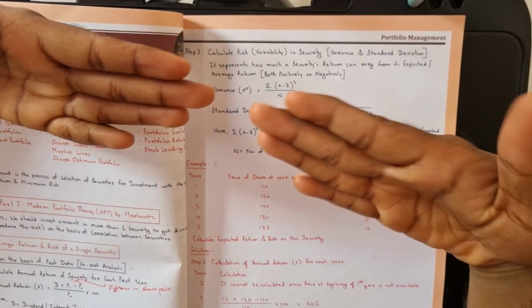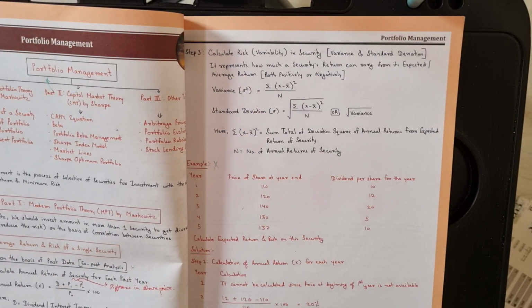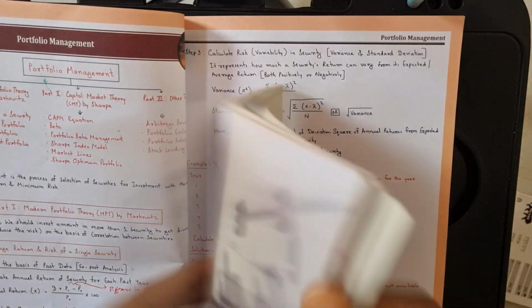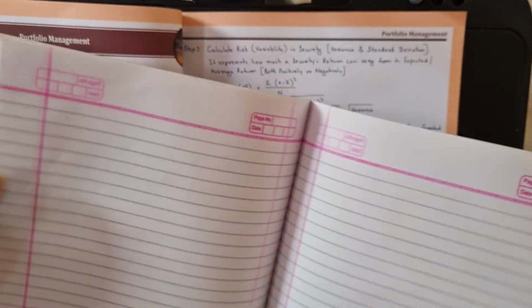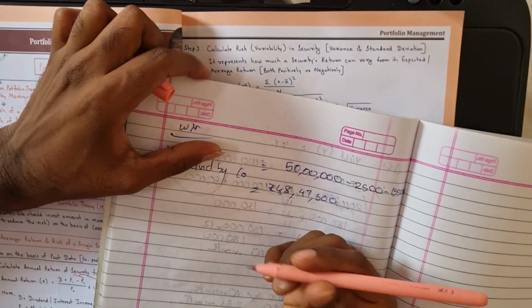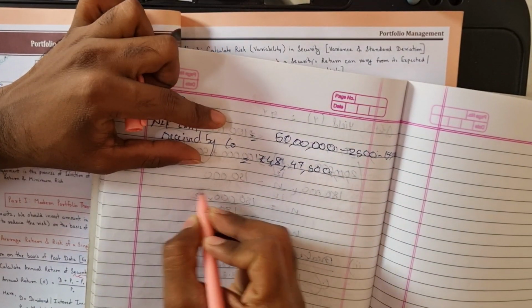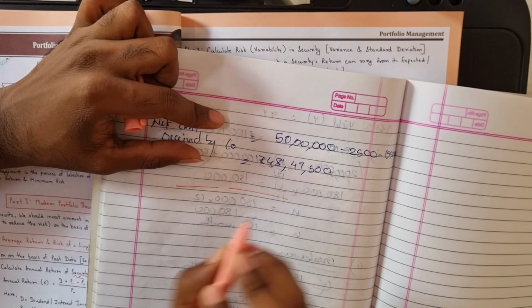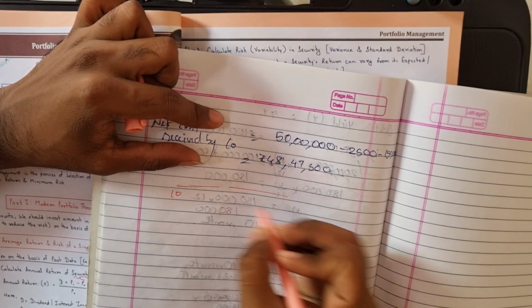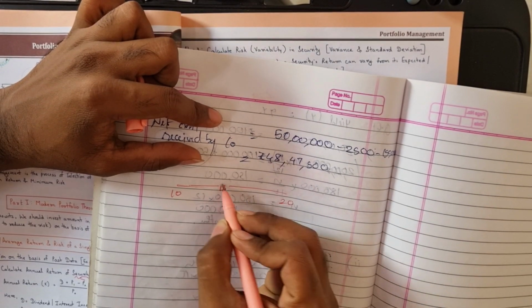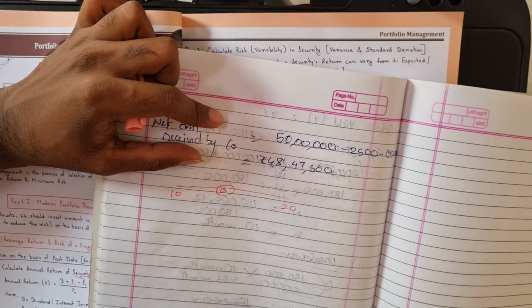I'll show you with a graph. This is a number line. Let's suppose this is 10 and this is 20. What is the average? It is 15, the centermost figure.